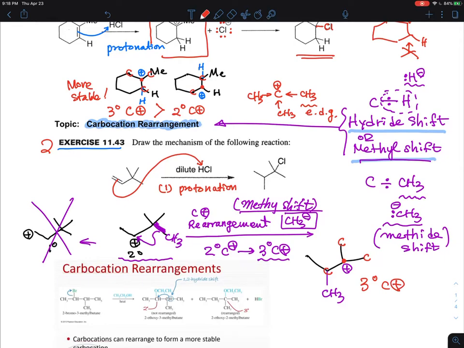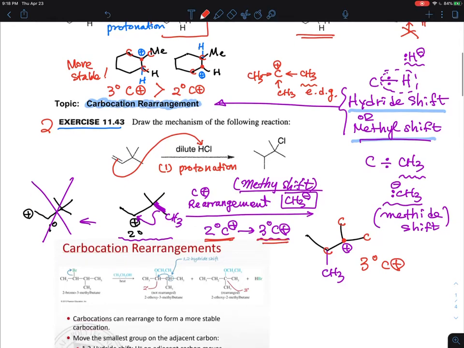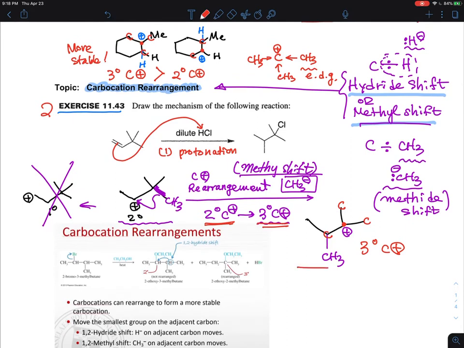So you successfully enhanced the carbocation stability, and that will be something we prefer. So the second one is essentially a methyl shift to make a secondary carbocation into a tertiary carbocation. That's what they want to do.